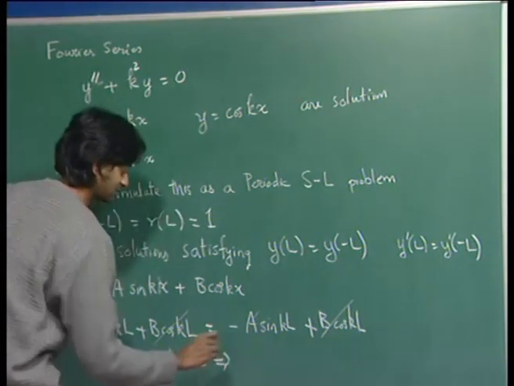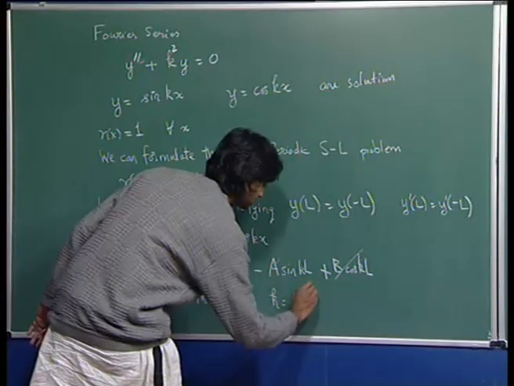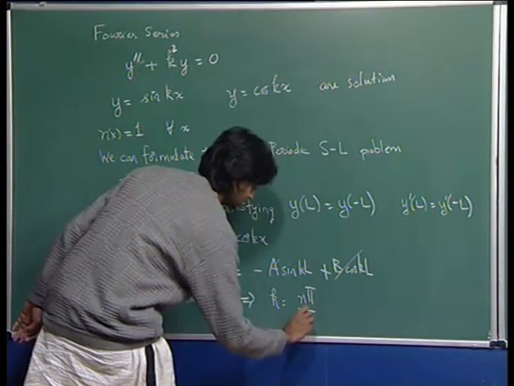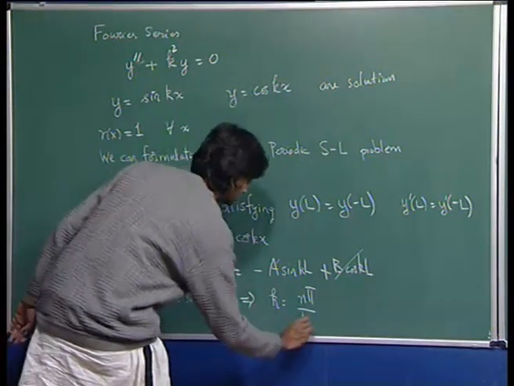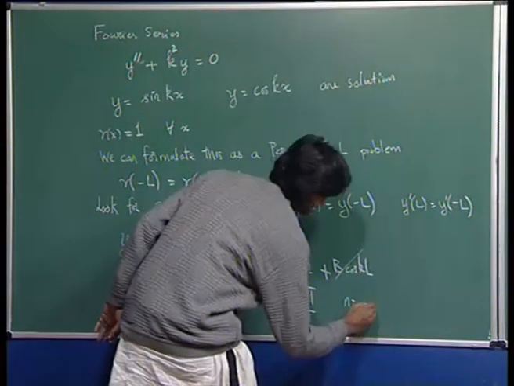This implies k is equal to n pi by L, where n is any integer.